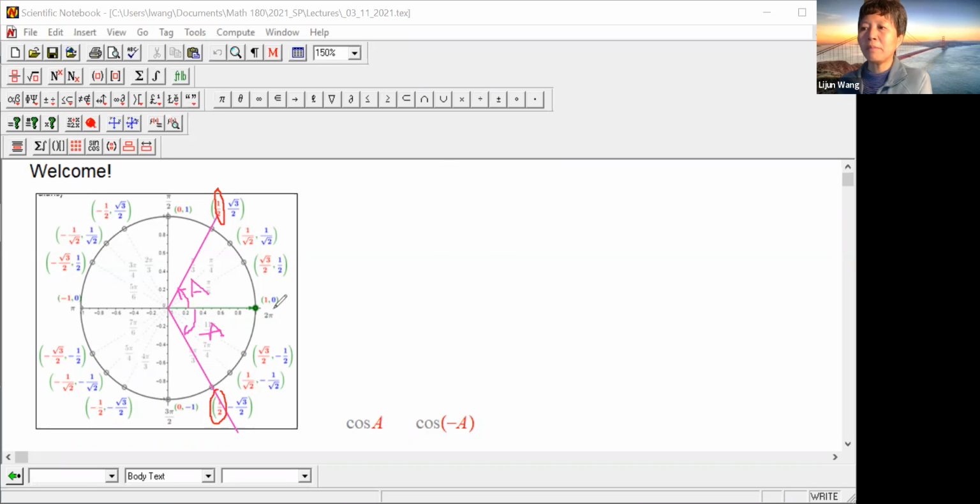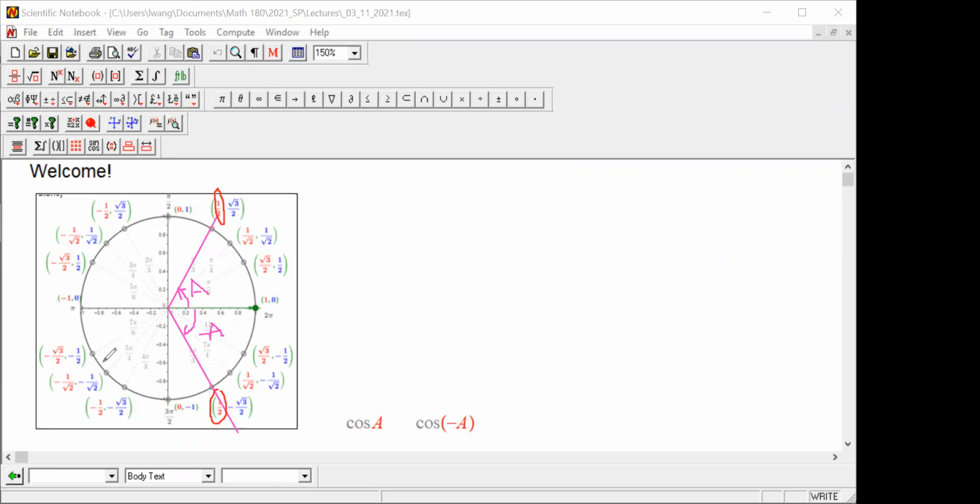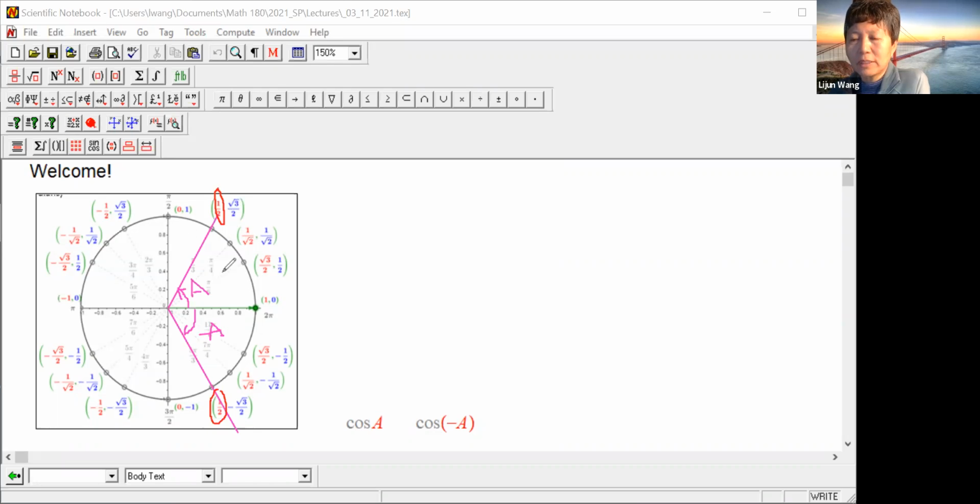And are these the same if you have angles ending up in the second and third quadrants? Of course. Did you guys get it? So you see symmetry on the unit circle as well. They're absolutely consistent.